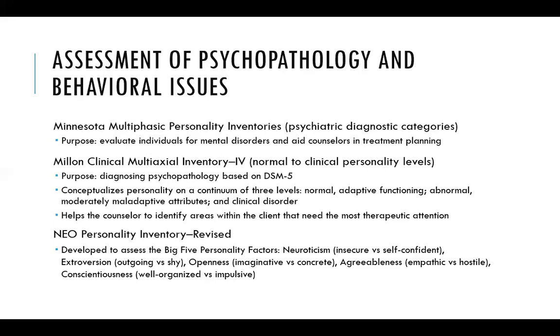So looking at neuroticism, which is on a spectrum from someone who is very insecure to very self-confident, extroversion, which is outgoing versus shy, openness, imaginative versus concrete, agreeableness, which is empathic versus hostile, and conscientiousness, well-organized versus impulsive.